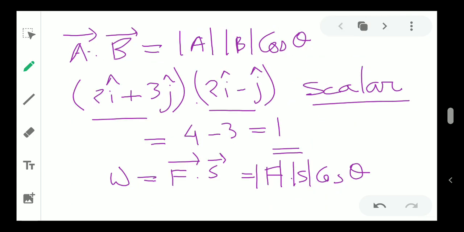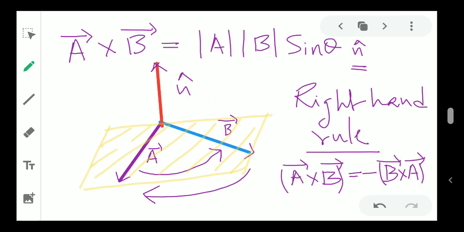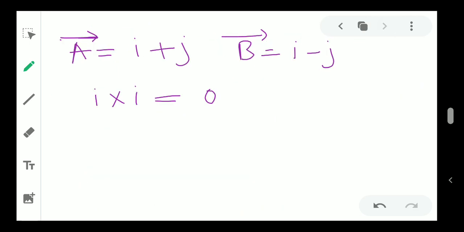Moving to multiplication, like in the dot product we have seen how to multiply two vectors if they are given in component form. But in the cross product, before going into that, we know that i dot i equals 1, right? But in this case let's see how i cross i is equal to 0. i cross i will be the value of i, the value of another i, then sin theta.